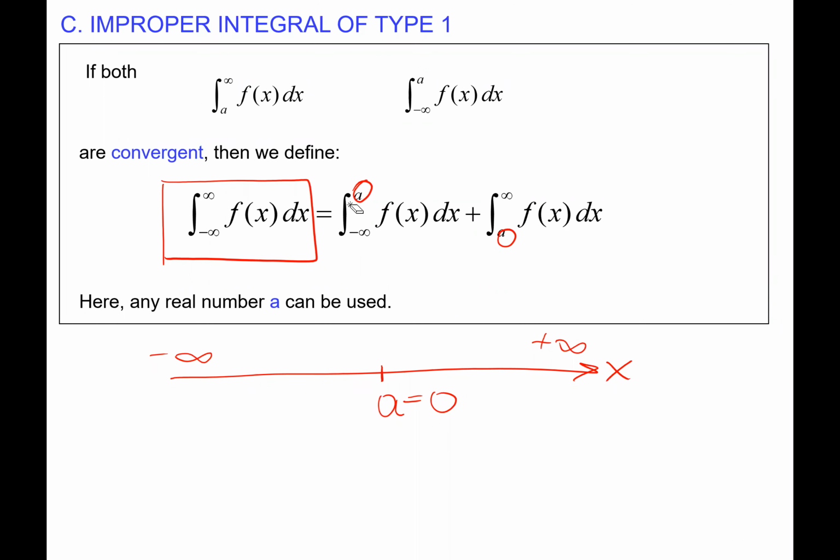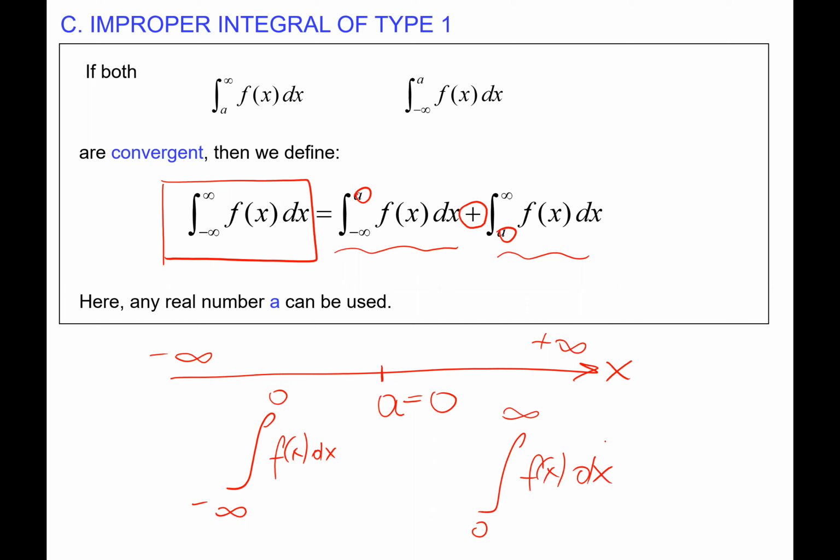We can investigate the first part, from negative infinity to 0, and then from 0 to infinity. Could be any number, 1, 2. Let's say 0. I will rewrite this integral from negative infinity to 0, and from 0 to positive infinity.